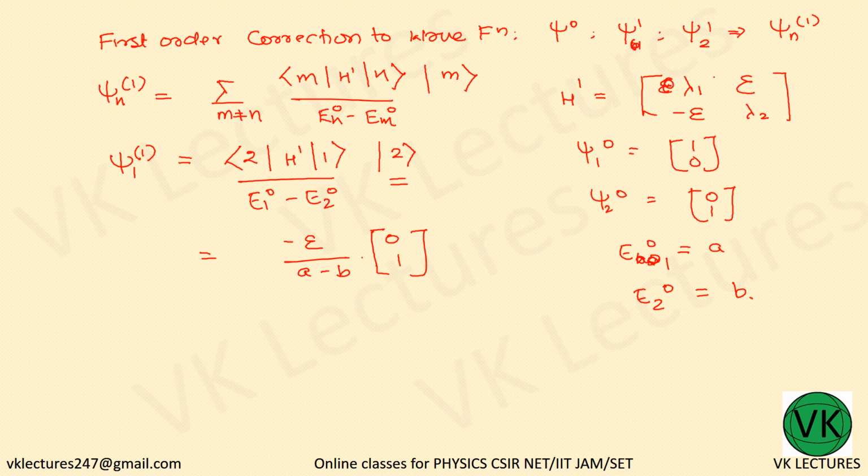This is a constant value multiplied with 0 1, and that is the answer. So the first term is 0, and the second is minus E divided by A minus B.